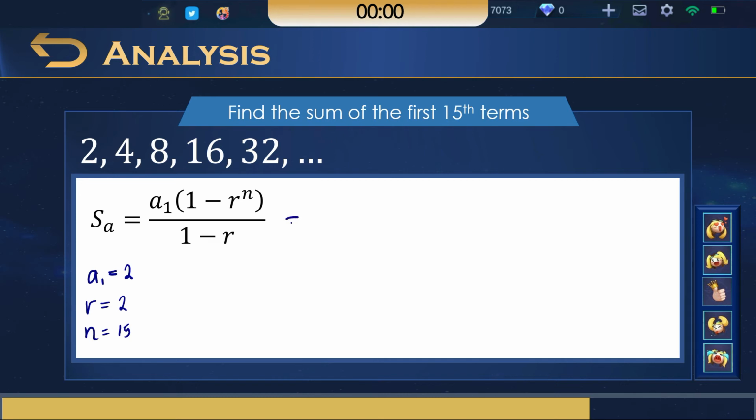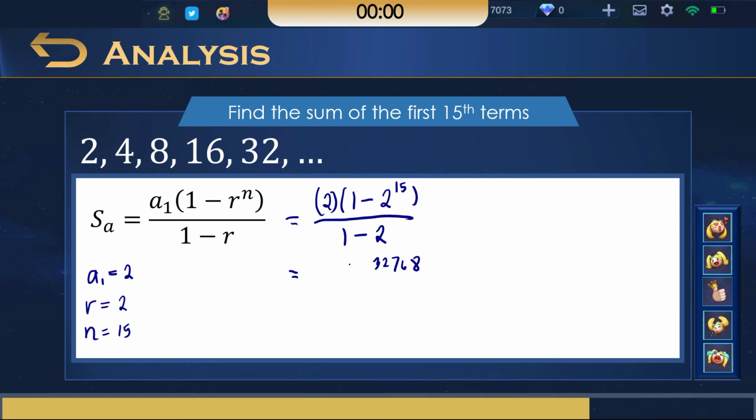Now, let us substitute the values. We have a sub 1, which is 2, times 1 minus the common ratio 2 raised to n, which is 15, all over 1 minus the common ratio, which is 2. Let us simplify. 2 raised to 15 is equal to 32,768.